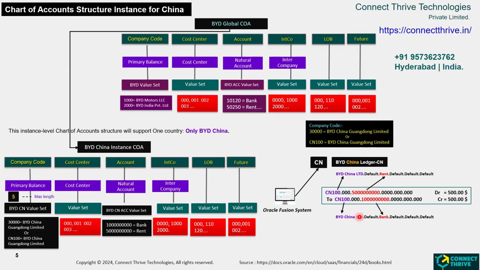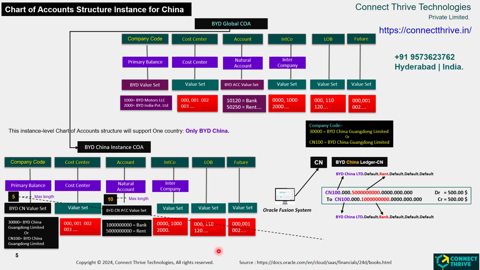So as I mentioned, while creating this specific value set code to fulfill the China requirement, I have created a separate instance level value set code specific to China purposes with a maximum length of 5 digits by enabling the uppercase checkbox. Then for the natural account purpose, I gave a maximum length of 10 digits.